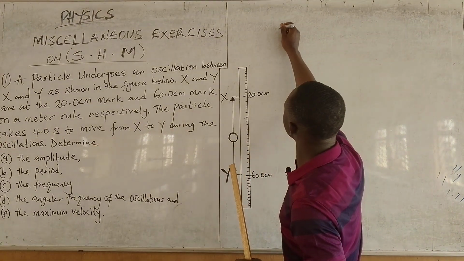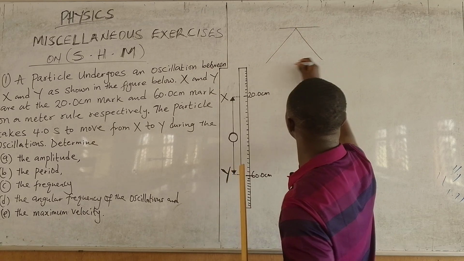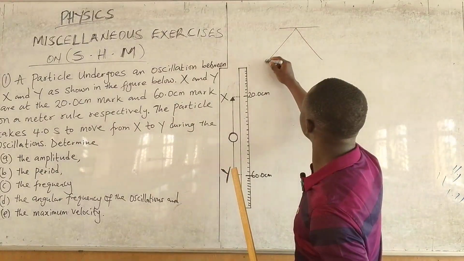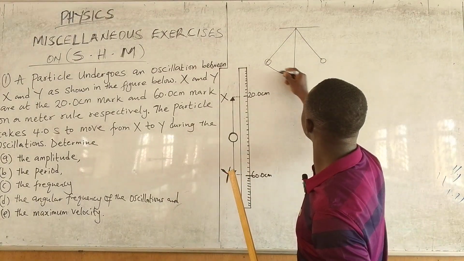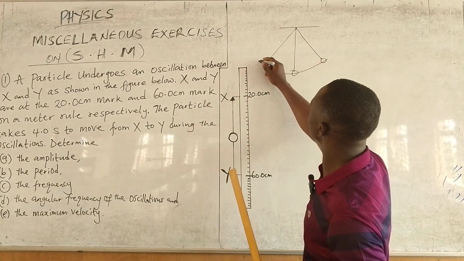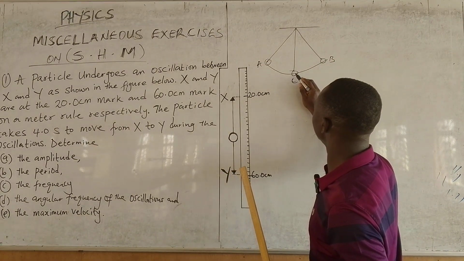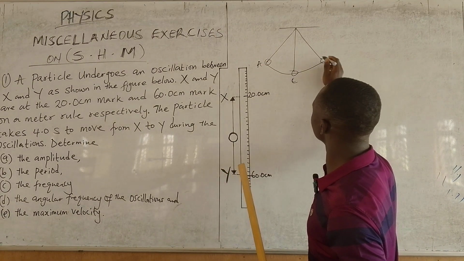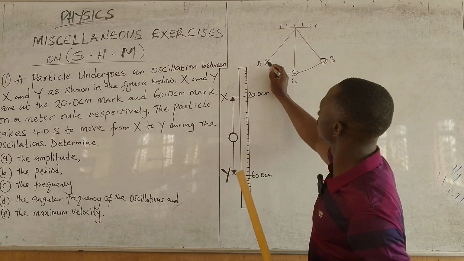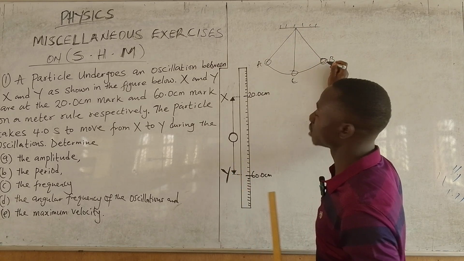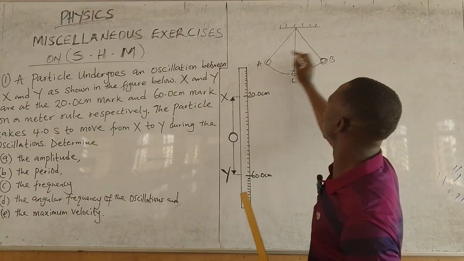Did you remember this diagram for a simple pendulum? If here is A and here is B, here is C, this is the equilibrium position. This bulb will oscillate between A and B.